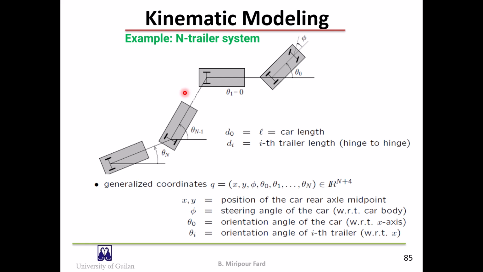The next example is an n-trailer system. In this system, the first car is similar to the car-like robot that we have seen in the previous slide. In this system, n trailers are connected to a car-like robot. The point of connection of centers is the wheel axle, as you can see.